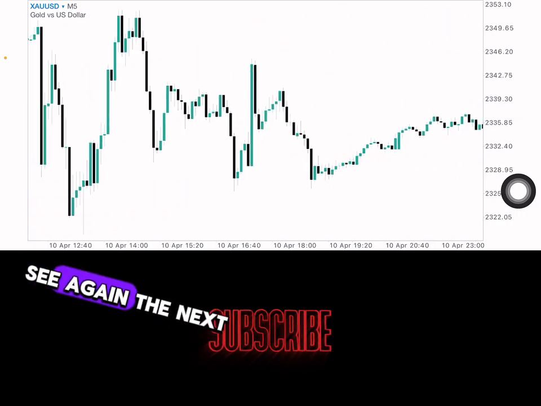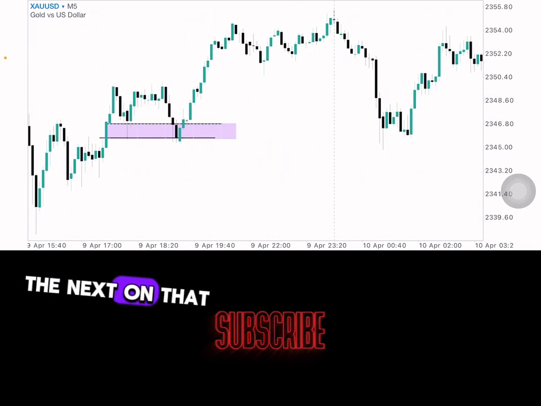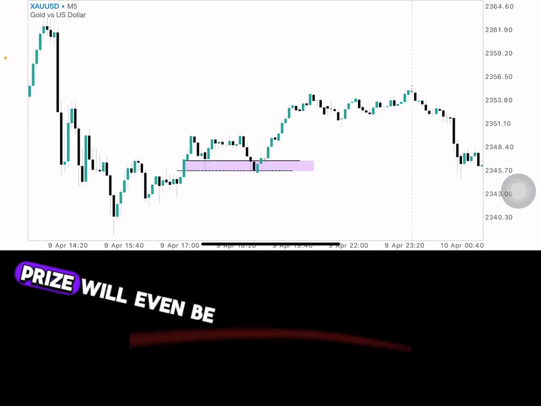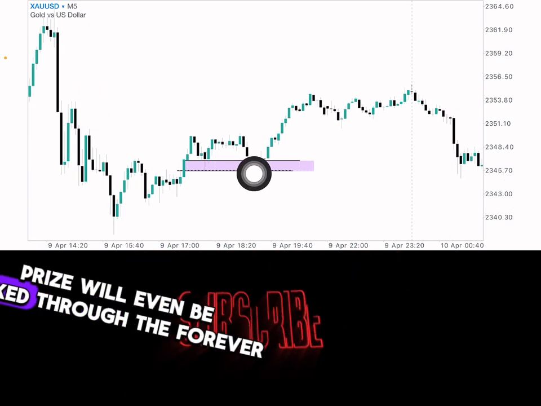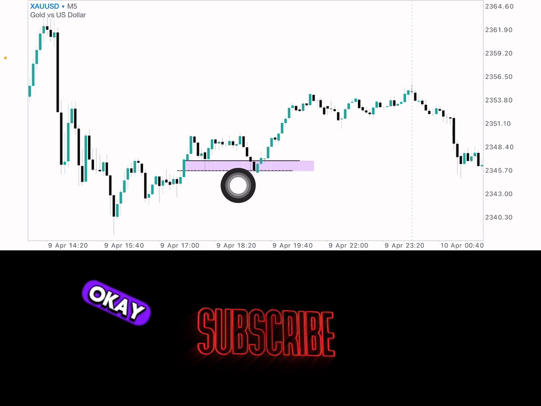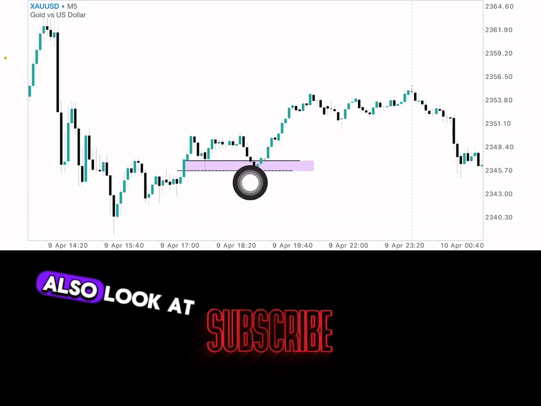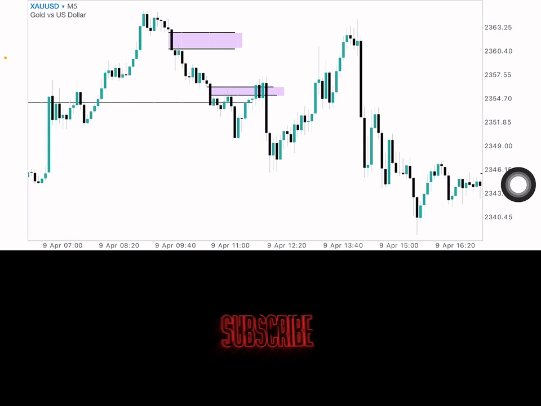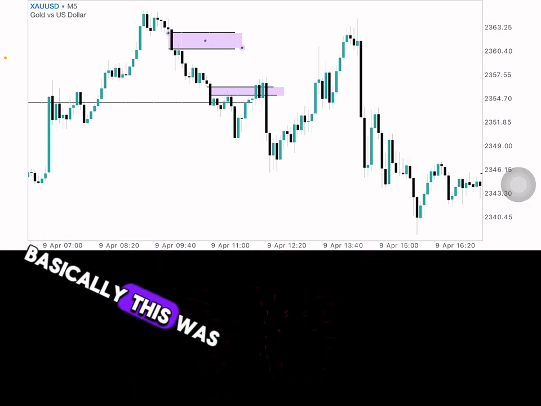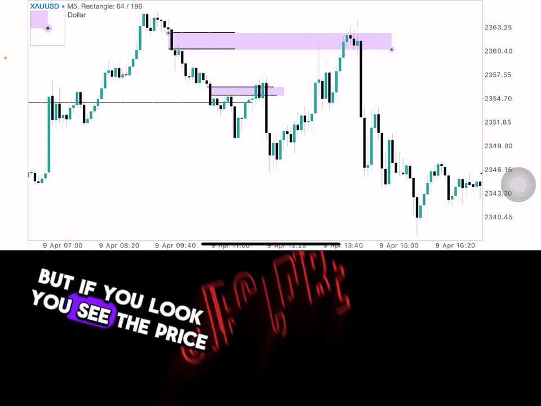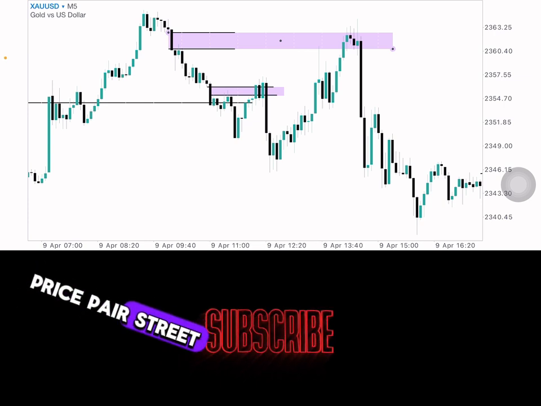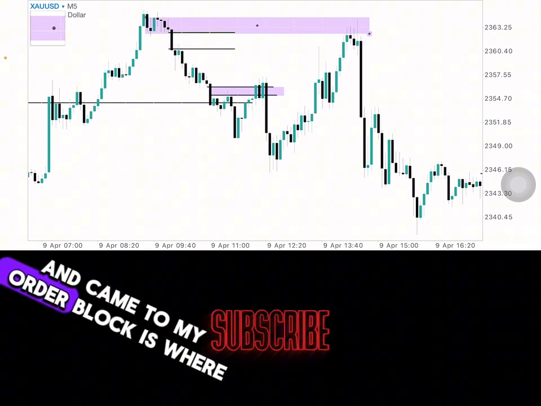Now let's see the next order block that we saw there. You see that most of the time price will even pierce through the fair value gap and come to the order block, as you can see here also. Look at it also here. Basically this was the fair value gap, but price pierced through it and came to my order block.